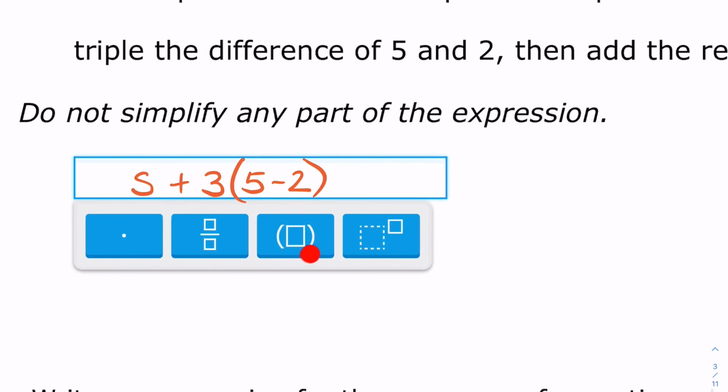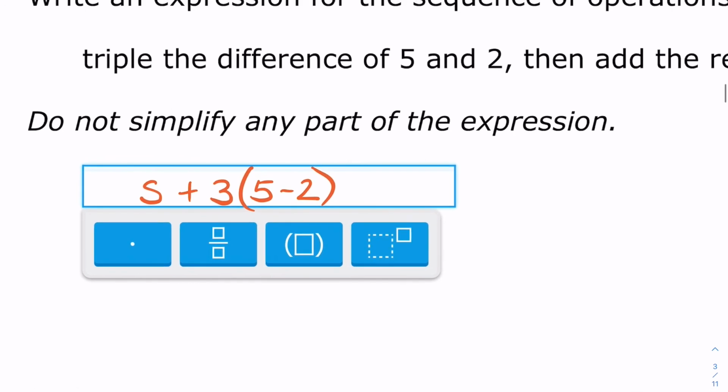Here you have parentheses, so you could use it here, or you can manually type them from your keyboard. And then here we have an exponent. That would be raising something to a power of something else, like 5 squared. Notice I really only needed to use this one, and I could have used the multiplication one if I wanted to multiply 3 times the 5 minus 2.